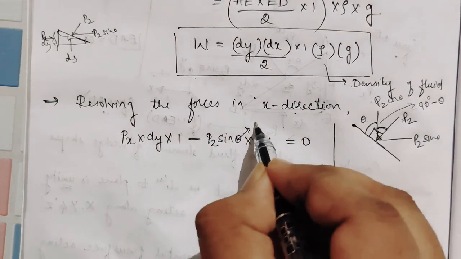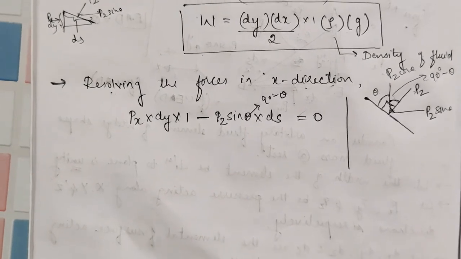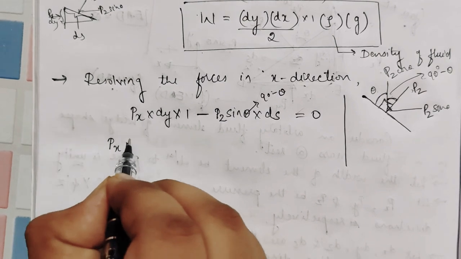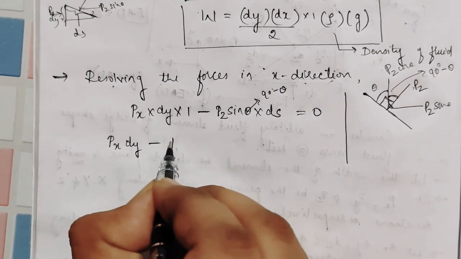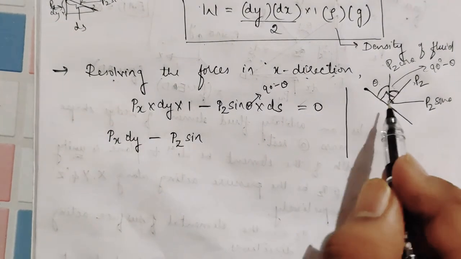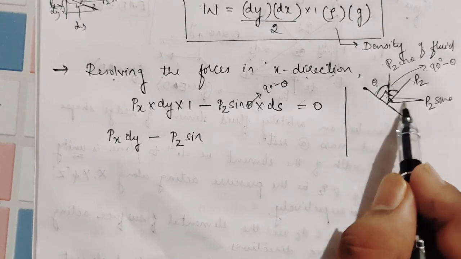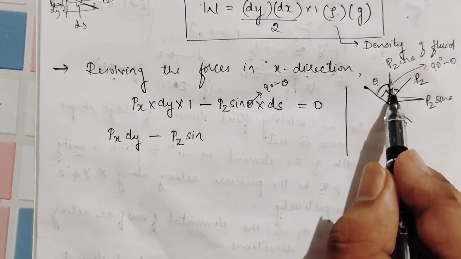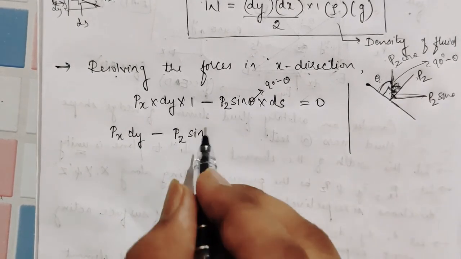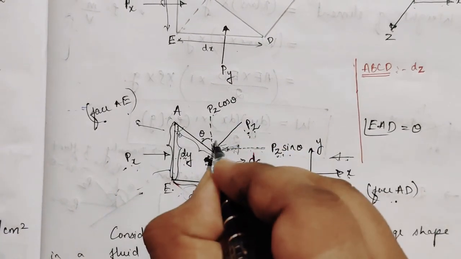I'll show you in two ways. Here, px into dy minus pz, because theta is an exterior angle here for this right angle, so we want the theta in this way because it is a cos term. So 90 minus theta, I'll write here only so that you will not get confused.